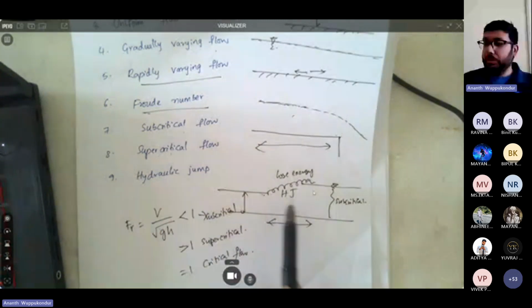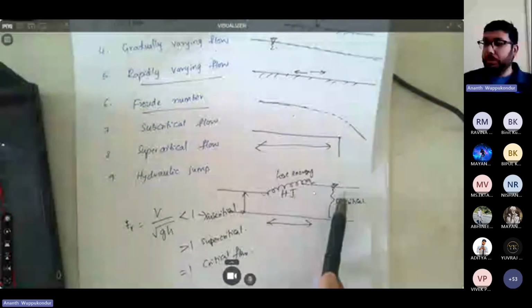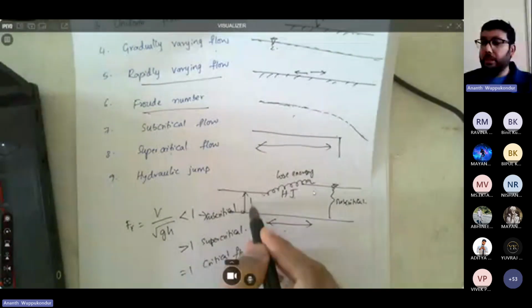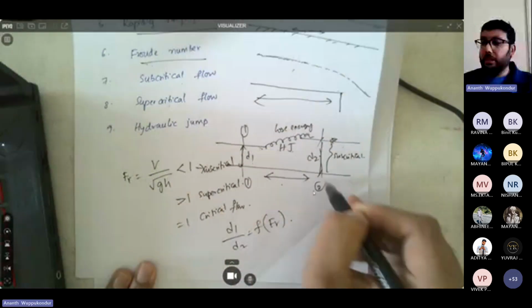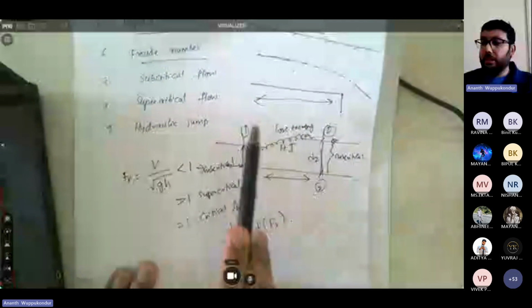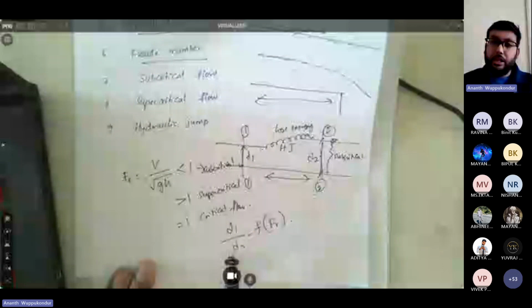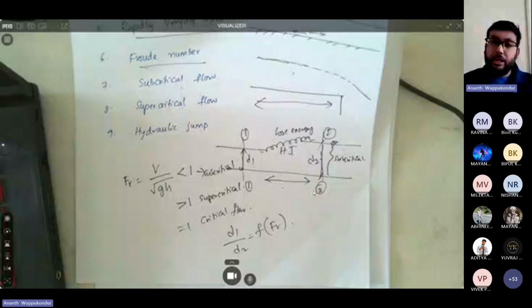And you can derive the relation between D1 and D2 as a function of the Froude numbers. So when you apply the energy equation between section 1 and section 2, you can derive a relation between the depths D1 and D2 as a function of the Froude number. So these are called conjugate depths.